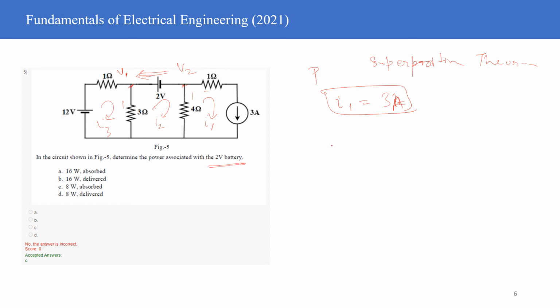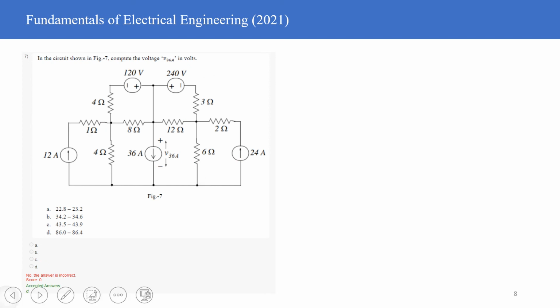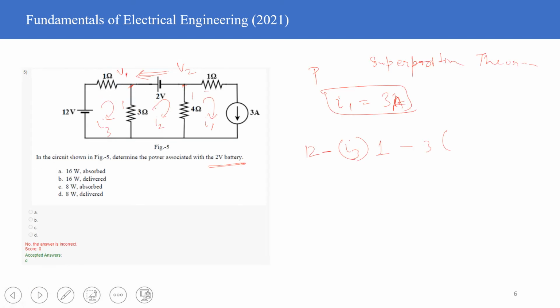So just let me write that. It will be 12 volt minus I3 into the resistance 1 ohm minus 3 into (I3 minus I2) is equal to 0.